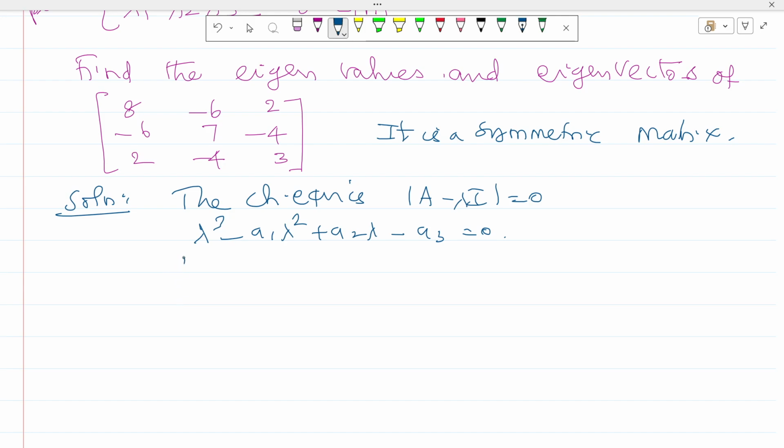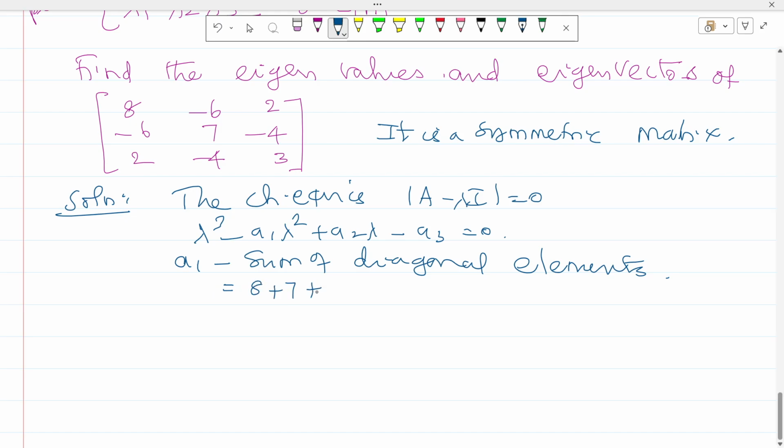Then a1 is the sum of the diagonal elements, that is 8 + 7 + 3, which is 18.